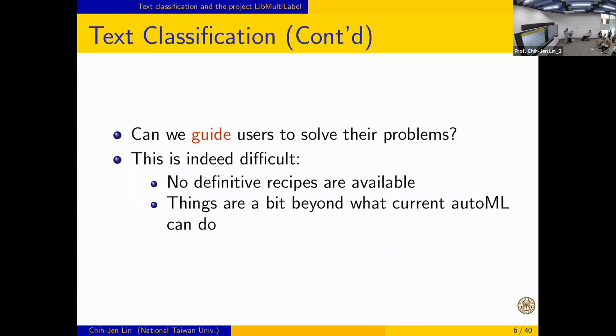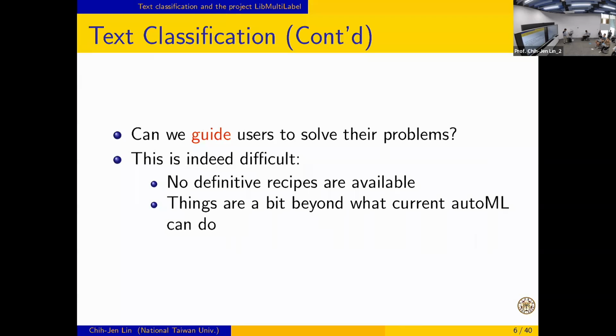So far, for example for multi-label classification, we couldn't find definitive recipes to handle all possible situations. If one user comes and says, my data is like this, can we immediately tell what are possible good approaches for handling their data?